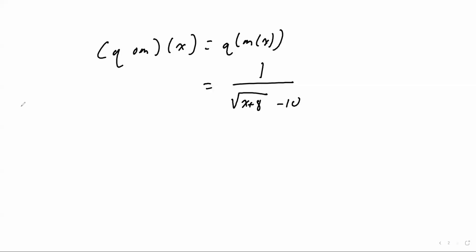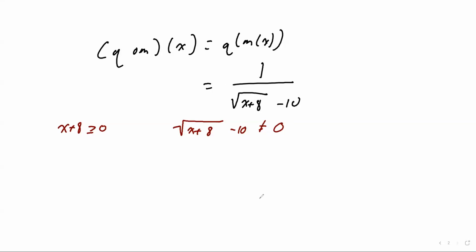But to determine the restriction on the domain, there are two things going on. One, your square root has to be greater than or equal to 0. So we'll take this x plus 8 as greater than or equal to 0. But then the entire denominator can't be 0. So I have to figure out that the square root of x plus 8 minus 10 cannot equal 0. So this has two restrictions. This has to be greater than or equal to 0.